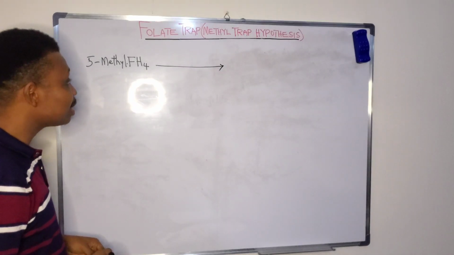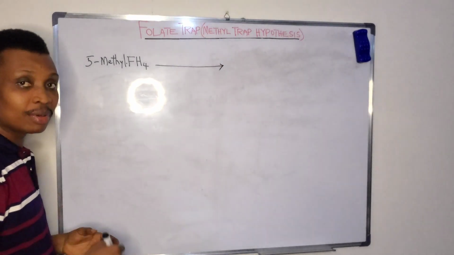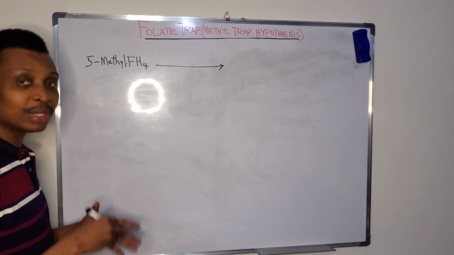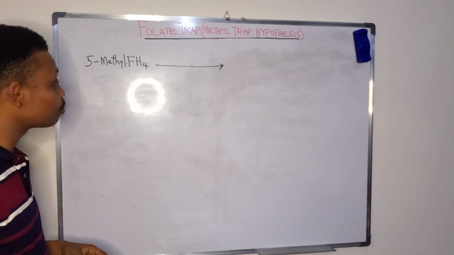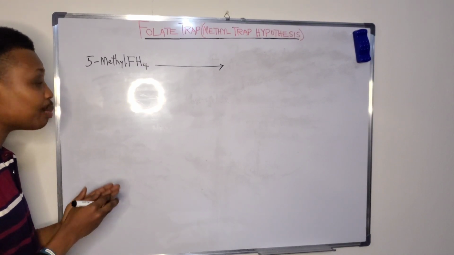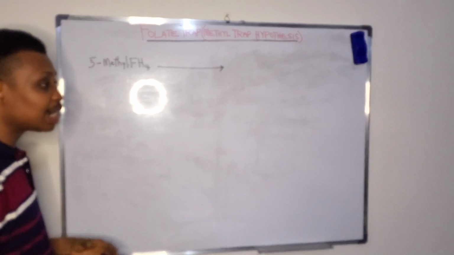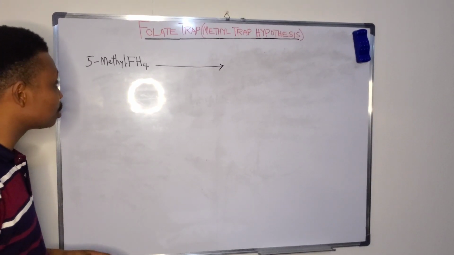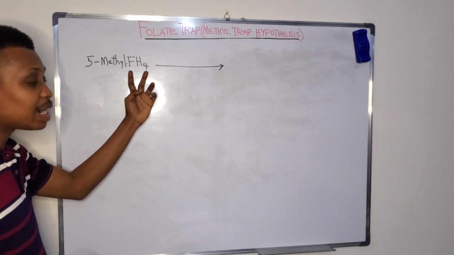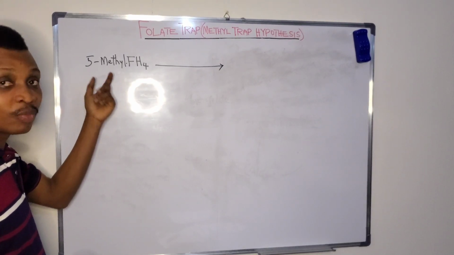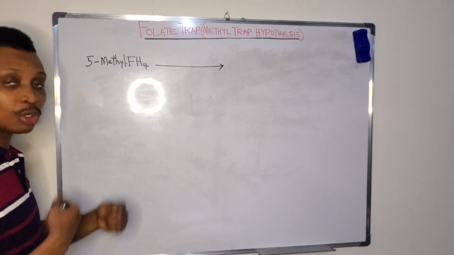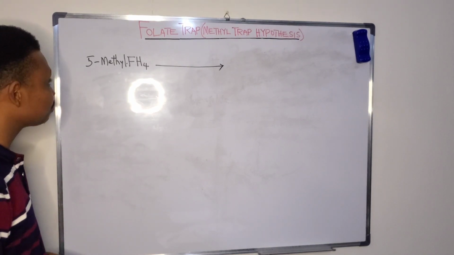Remember, I stated earlier that the biologically active form of folate is tetrahydrofolate, and that before it can be absorbed into the circulation, it must combine with a methyl group. But then after being absorbed into the circulation, it will dissociate to release the tetrahydrofolate from the methyl group. Now, it is tetrahydrofolate that will go on to carry out the physiological role of folate.